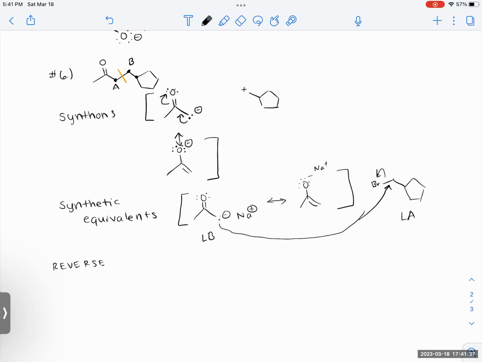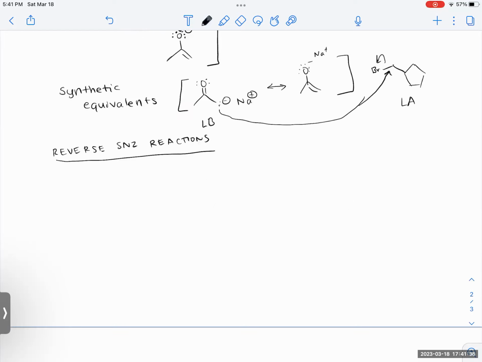So the first one we're going to do is number 10. That's a negative charge, positive charge.